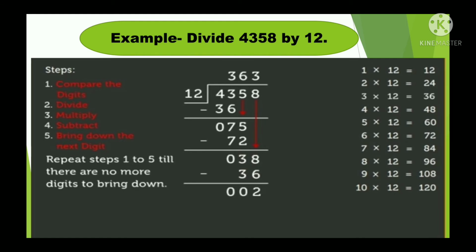So we'll write it and then we subtract and we get 3. After that we bring down the next number which is 8. So again we have to do the comparison, and we will see 12 3s are 36, which is closest to 38. And then we have to do the subtraction, and after subtracting we'll get 2 as the remainder.